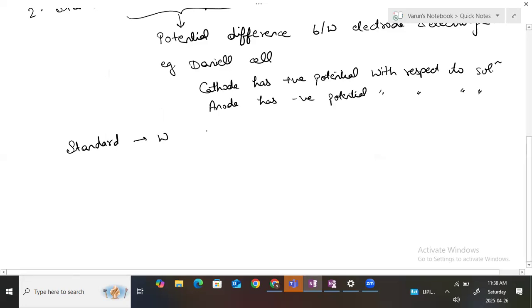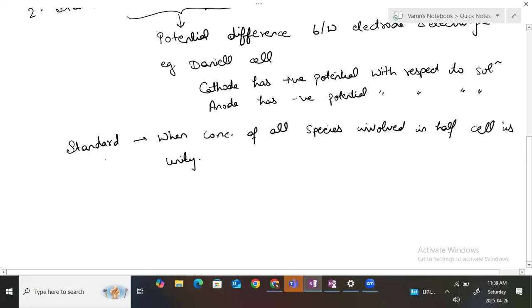We can say the potential is standard when the concentration of all the species involved in the half cell is unity.